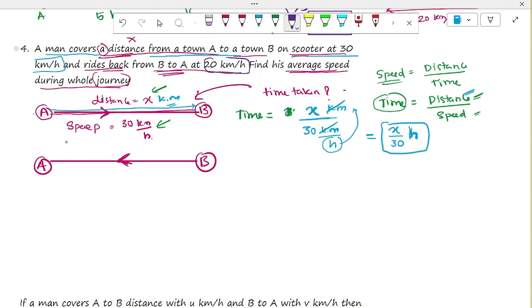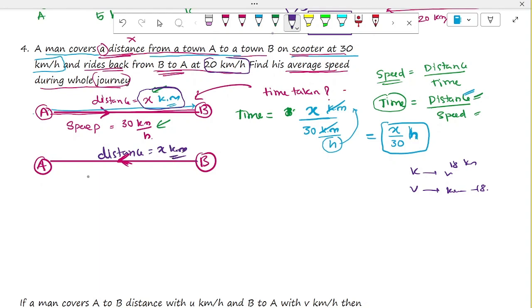Again, if he is traveling from A to B, distance is x kilometers, and if he is traveling back from B to A, it means from Kengeri to Vijayanagar the distance will be somewhere around 18 kilometers. Okay, Kengeri to Vijayanagar, and again from Vijayanagar to Kengeri, how much will it be? 18 kilometers, right? So there is no difference in the distance. So here again distance will be equal to x kilometers.